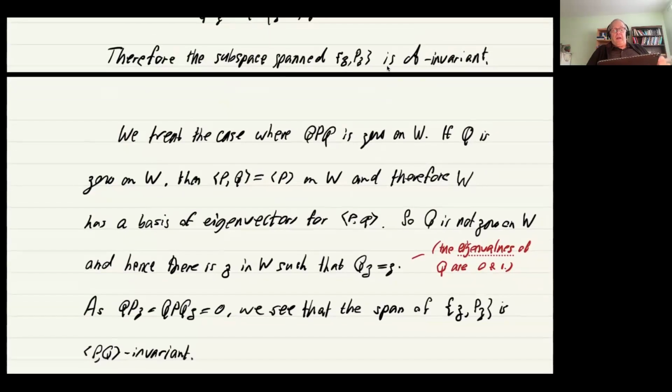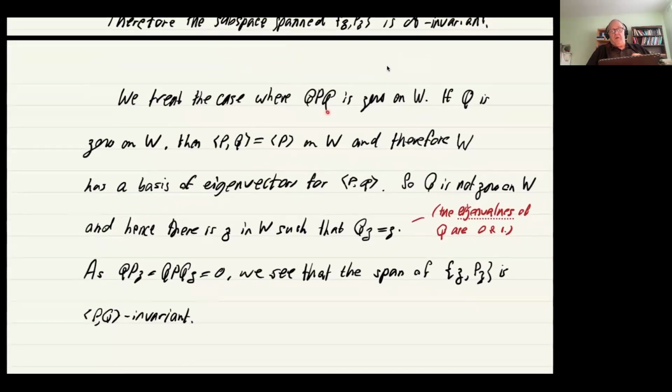Now the other case is where QPQ is zero. If QPQ is equal to 0 on W, then the algebra generated by P and Q is equal to the algebra generated by P on W, because Q is doing nothing. And so W has a basis of eigenvectors of P and Q, which looks a little silly, but it's true.